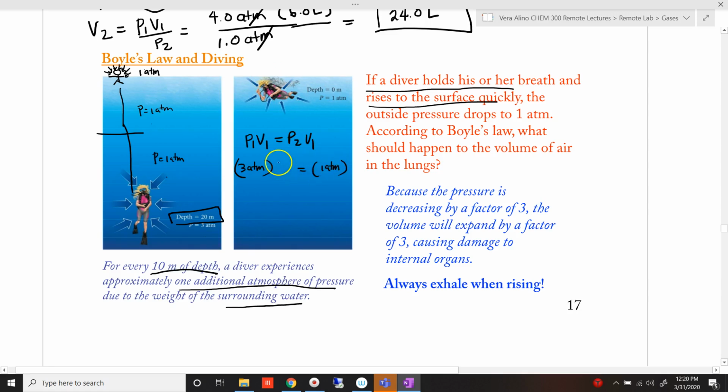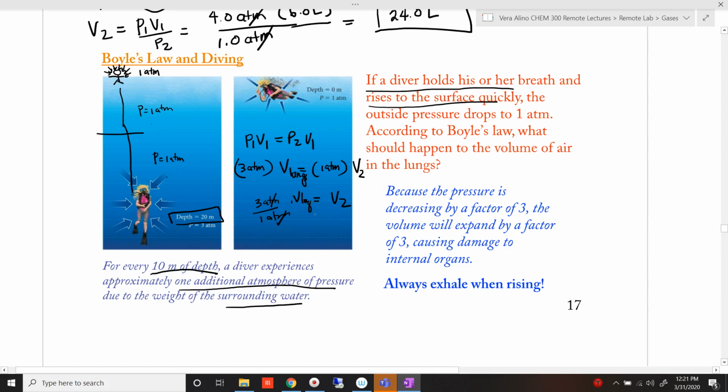If you hold your breath so that you've expanded your lungs, this volume 1 is pretty much the volume of your lungs, right? So what would now be the volume once you resurfaced? If we rearrange this equation, you're going to end up with 3 times the volume of the lungs. So the volume of the lungs will expand to 3 times as much.